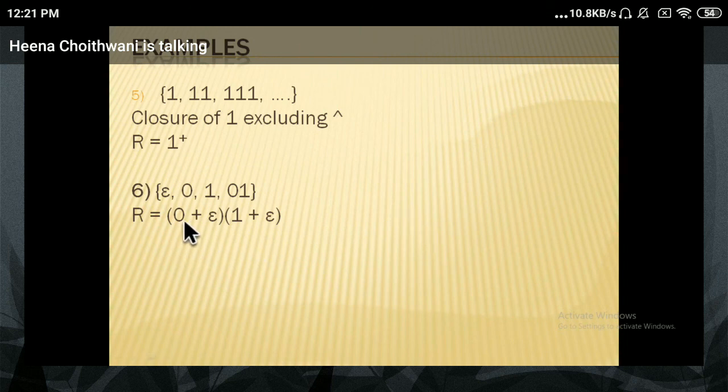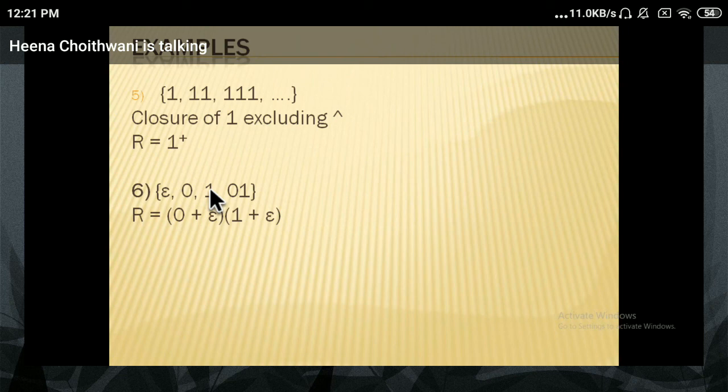We'll take the first one, 0, from this set and then 1 from this one, so 01 will be there, right? I have taken 0 from this set, and 1 from the other, so my string is 01. 0 and epsilon is nothing but 0. Now take epsilon: epsilon and 1 will be 1, and epsilon and epsilon will be epsilon.